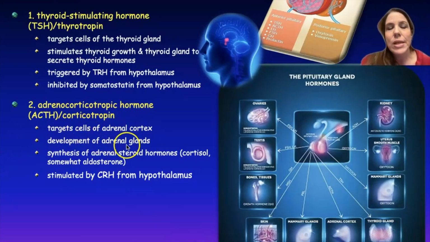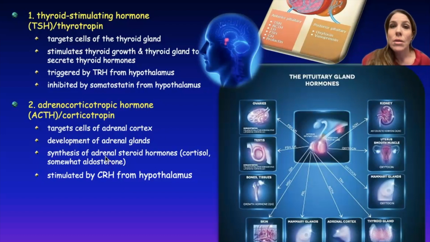And basically, ACTH is going to tell the adrenal cortex cells to produce and release adrenal steroid hormones, specifically cortisol, which is like the stress hormone. And to an extent, also will tell it to release aldosterone, which is another hormone produced by the adrenal cortex.